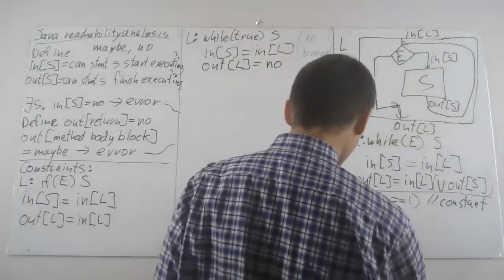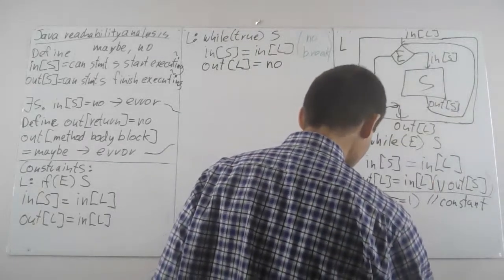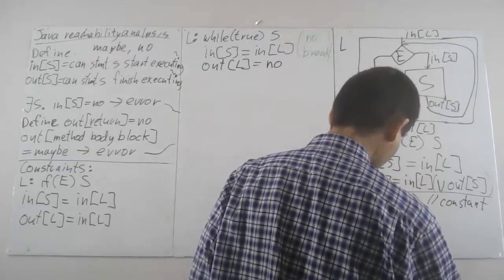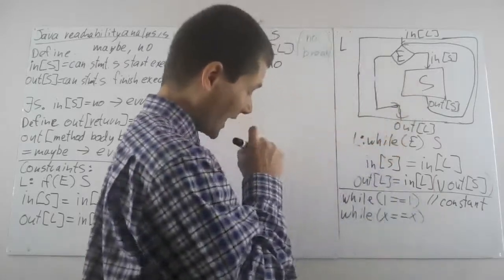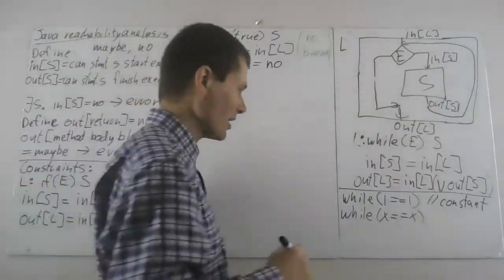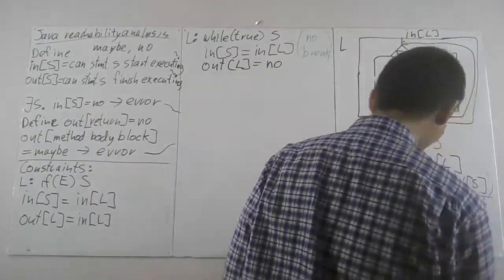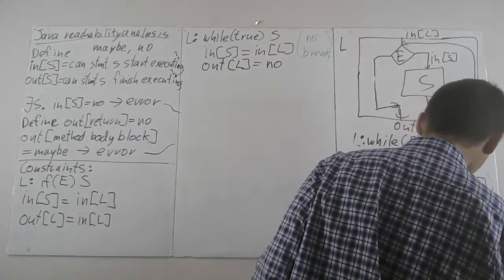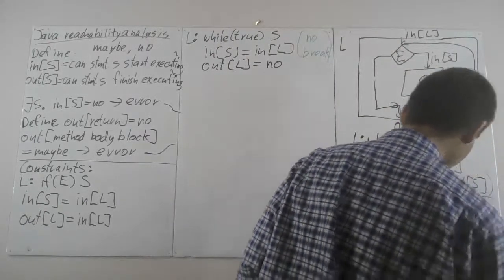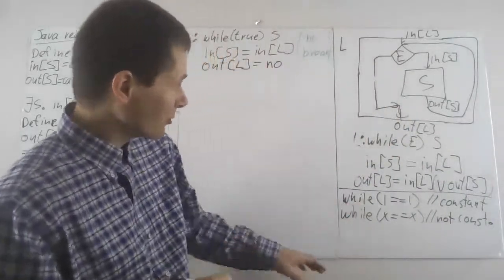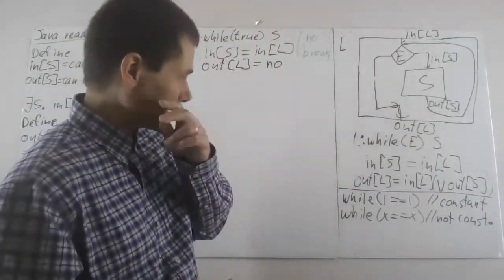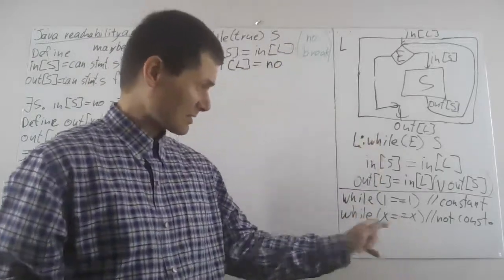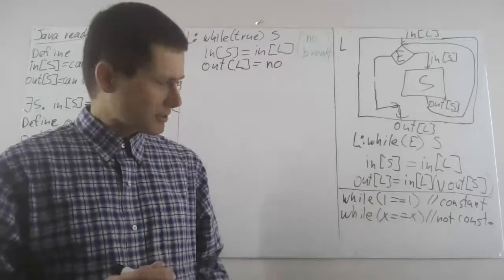And I could come up with other examples here. As another example, if you have a variable x, and you say while x equals x, it's not going to figure out that this is true. For this kind of while loop, it has to use the general equations, so it has to assume that x equals x could be true or false.